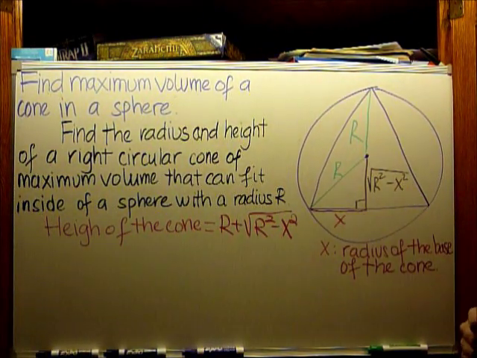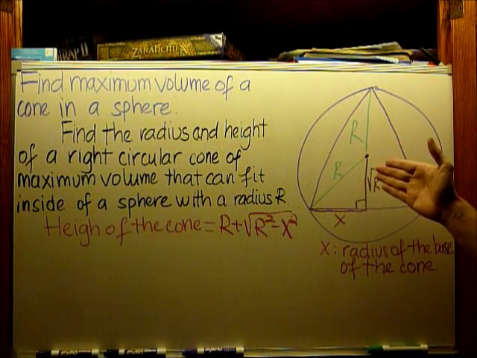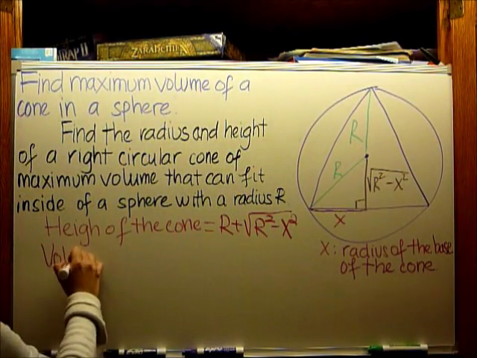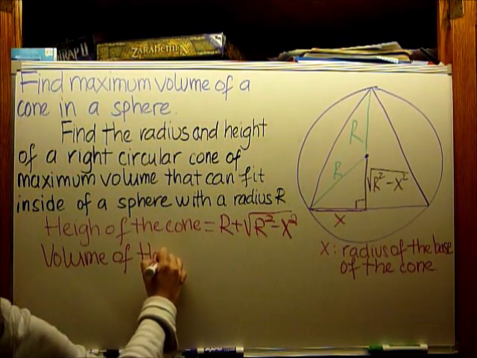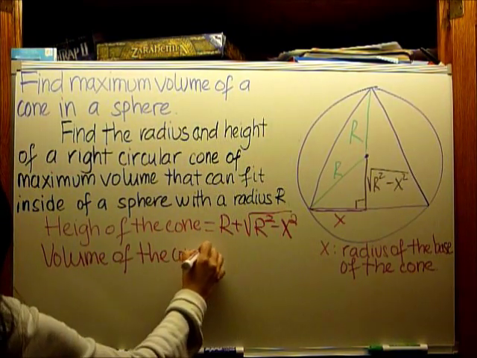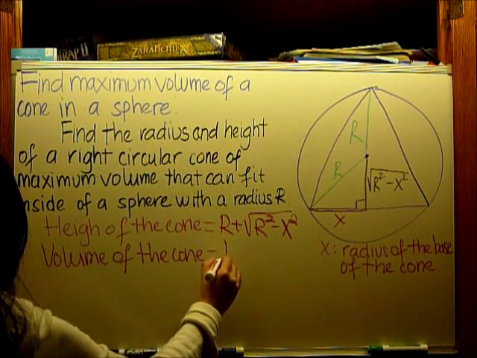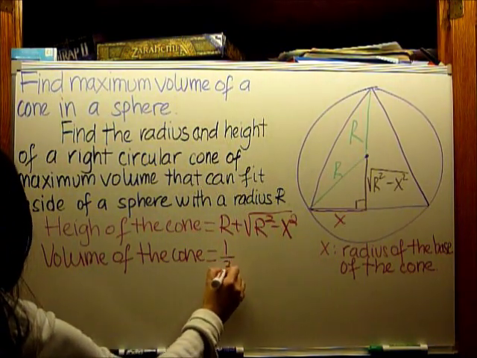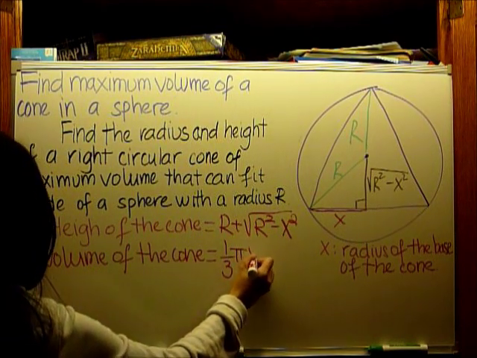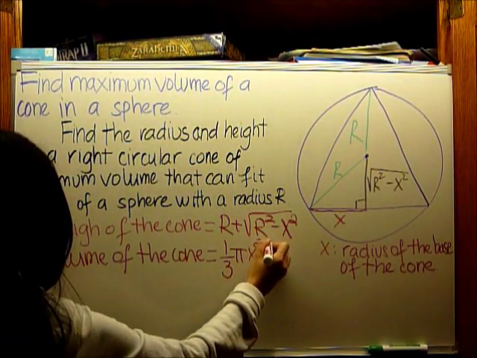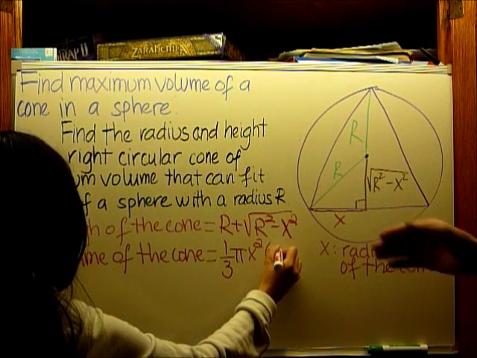So now we know that the volume of a cone is represented by 1/3 pi, and the radius of the cone, which is going to be x squared, times the height of the cone.